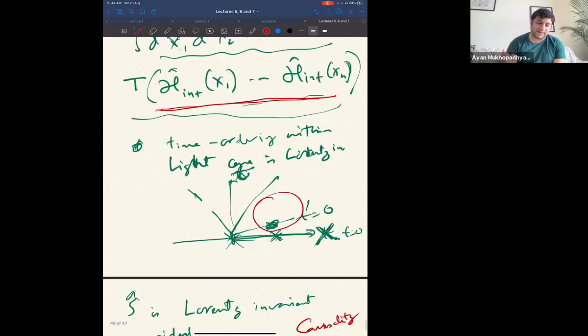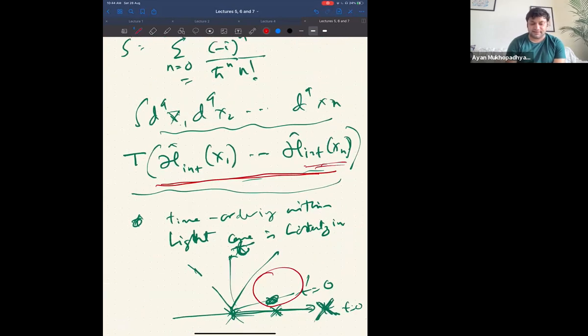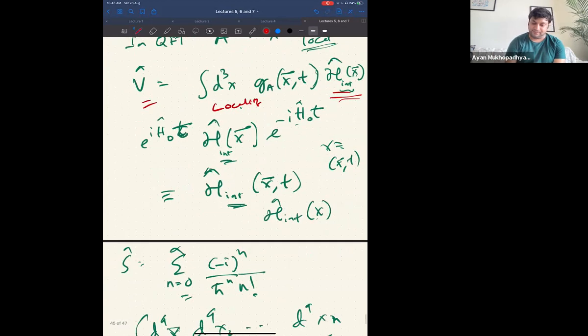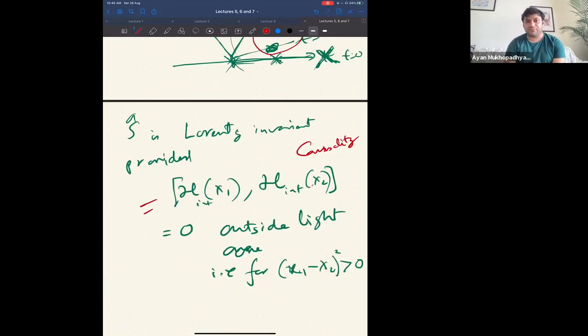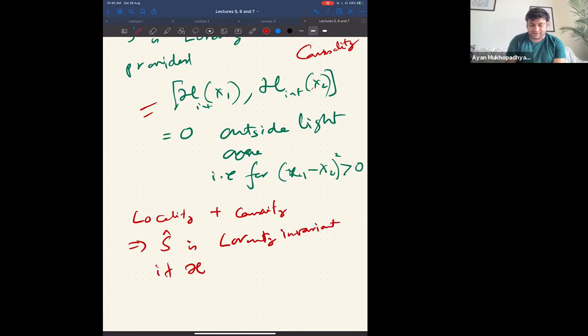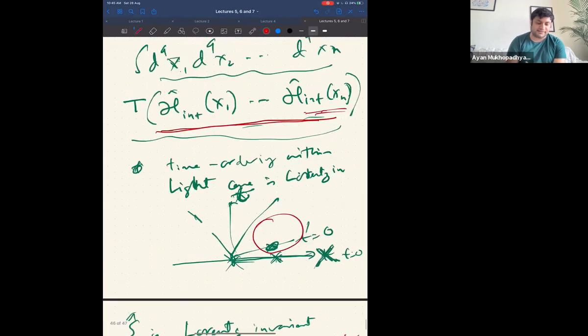If I put locality and causality of the interactions together, and locality simply means that this V can be written as an integration of a local operator, and causality implies that two operators outside the light cone commute, then locality plus causality implies the S matrix S is Lorentz invariant if H of x is a Lorentz invariant scalar, because then these integrals are Lorentz invariant.